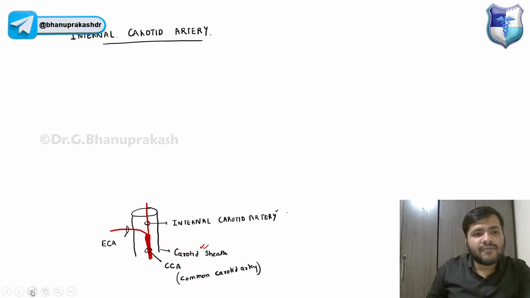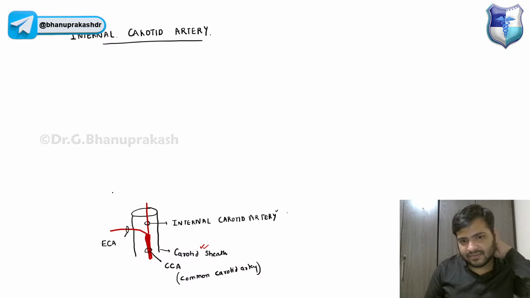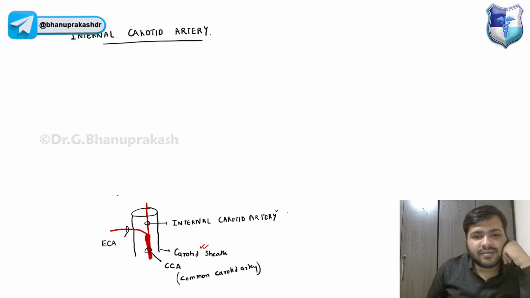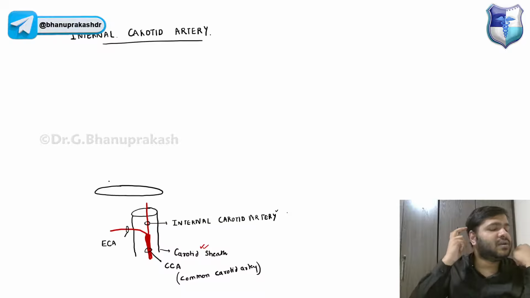Then, guys, we have the second part, that is the petrous part of the temporal bone. We have the foramen lacerum. The second part goes into the petrous part of the temporal bone. Temporal bone, you already know, is above the ear.